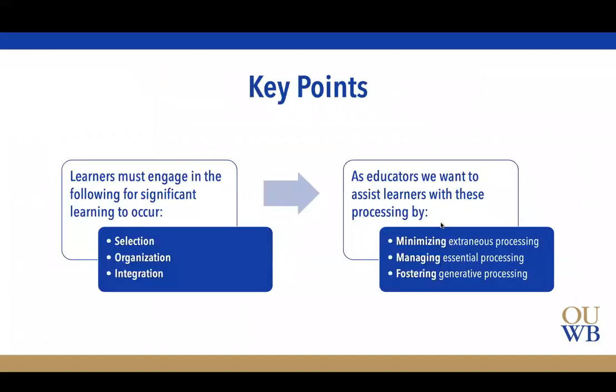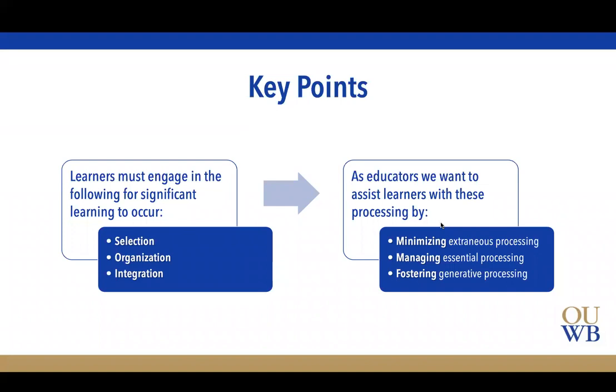So, key points from this section. Again, for learners to experience genuine learning, they have to engage in the selection, organization, and integration of words and images from your presentation. They have to organize those into a coherent mental structure, and then they have to integrate those new mental representations into pre-existing information.